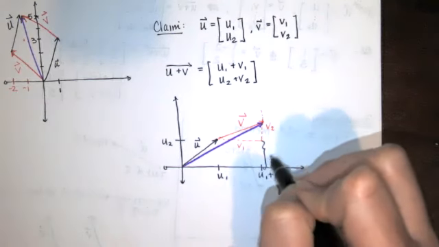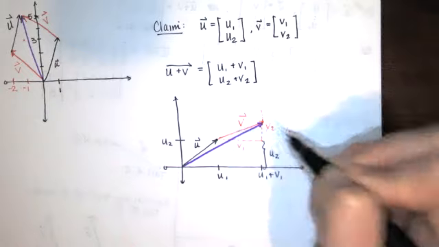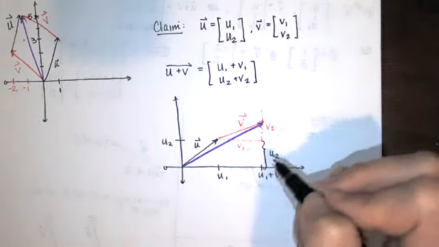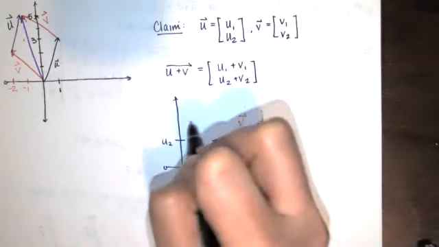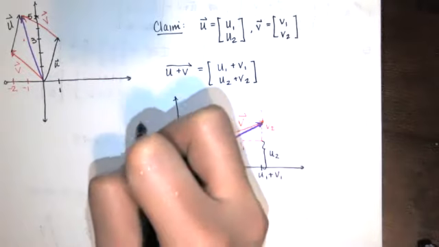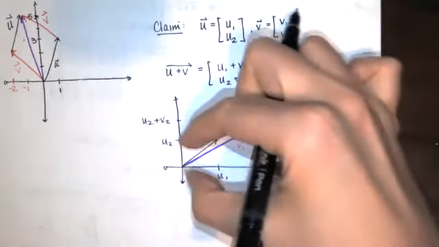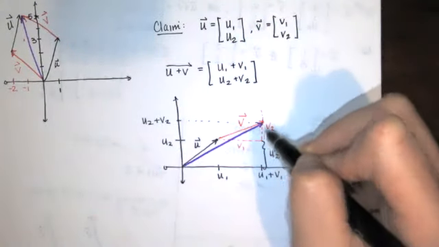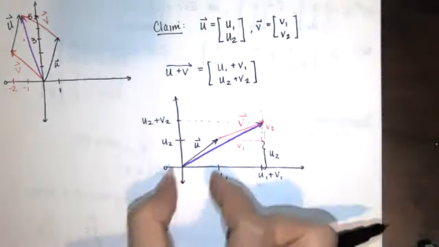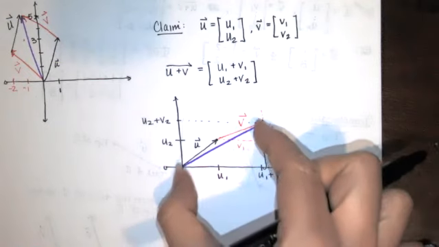And if this distance is u2 and this distance is v2, the value for that terminal point in the y direction is u2 plus v2. So I'm taking this u2 and adding that v2 to get my y, and I'm taking this u1 and adding that v1 to get my x.